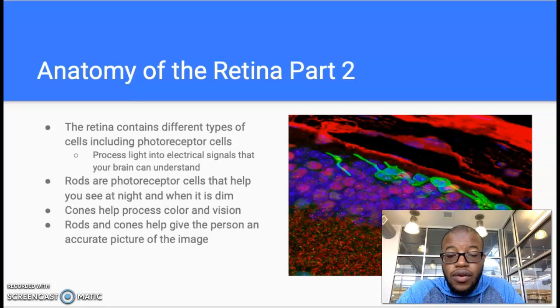Rods and cones together will help give the person an accurate picture of the image. And as you can see here is a picture of photoreceptor cells. Go on to the next slide.